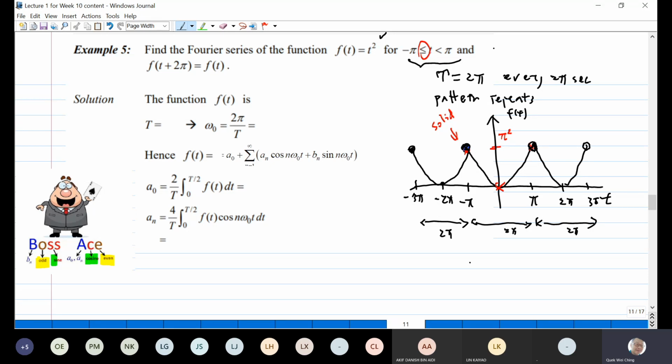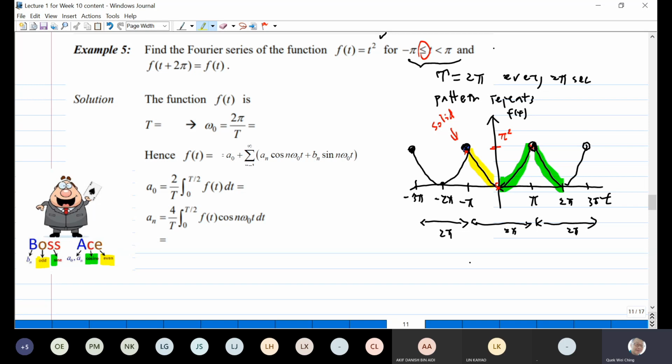So this is showing you how this function looks when you transfer it. And when you see the pattern, what kind of function is this? This is an even function. Why is it an even function? Because the graph on the left hand side makes a reflection, becoming the graph on the right hand side.